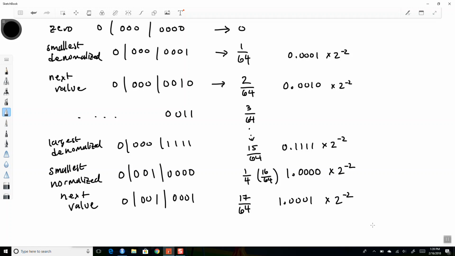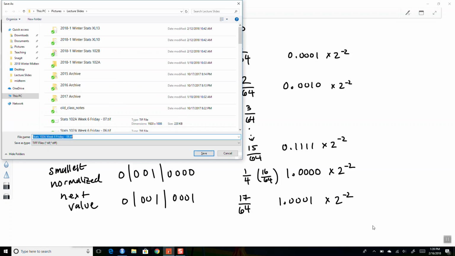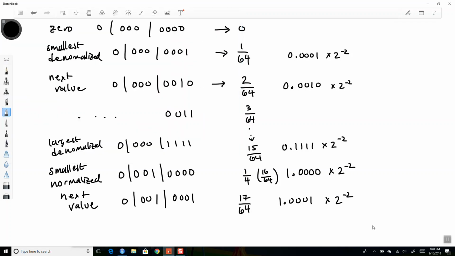So far, we've just been incrementing by 64ths: 1/64, 2/64, 3/64, up to 15/64. And then we become normalized numbers, and we're still counting 16/64, 17/64, 18/64, and so on. But let me continue counting, and this is where the floating point system changes.